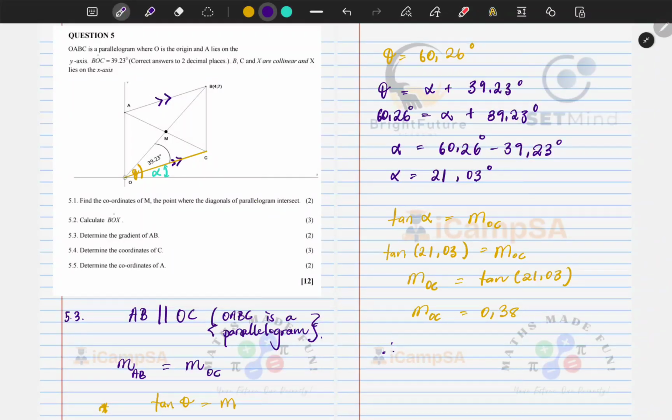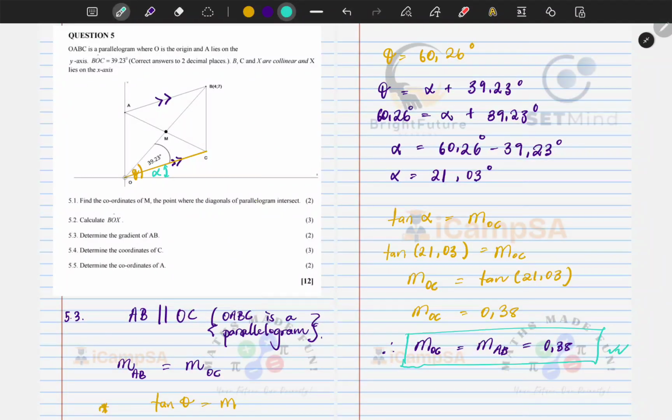Therefore, the gradient of OC is going to be equal to the gradient of AB, which is equal to 0.38, and therefore that's going to be your answer.